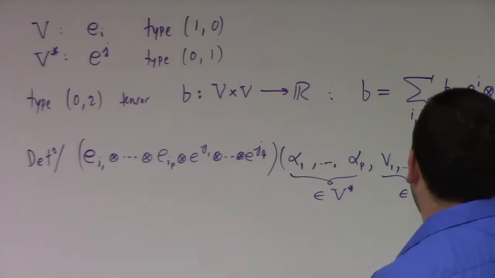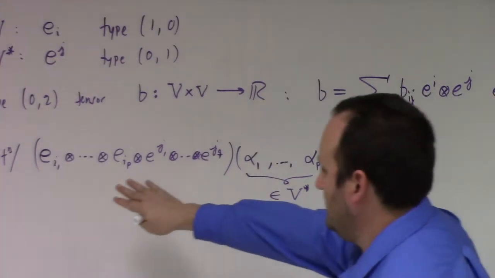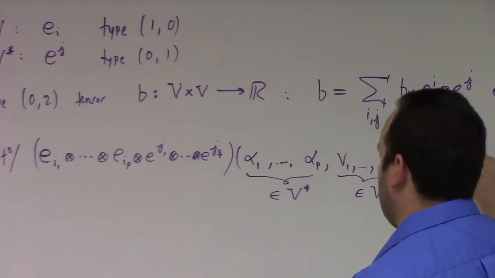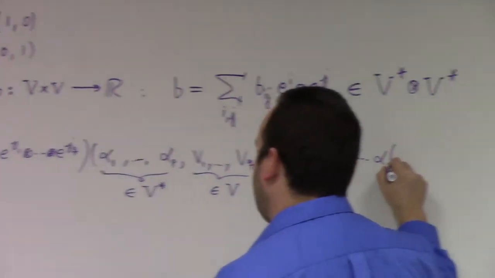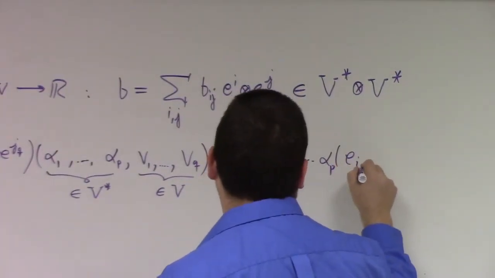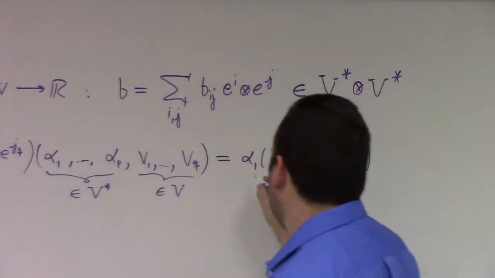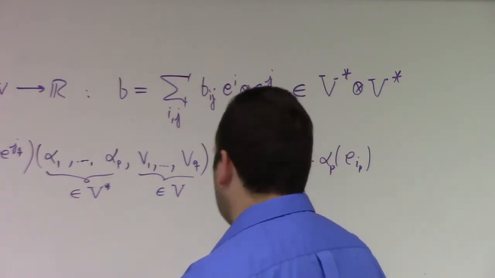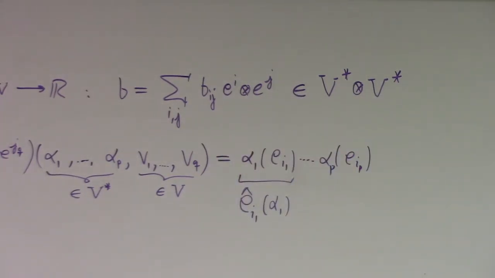And the definition of this tensor acting on this is simply alpha 1 acts on E_i1, all the way out, product, all the way to alpha p acts on E_ip. And if you want me to be more honest, what's going on here is that we have E_i1 acting on alpha 1, right? In some sense you're really identifying the vector space with its double dual to make this definition. You see that?